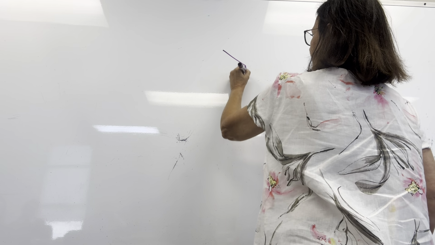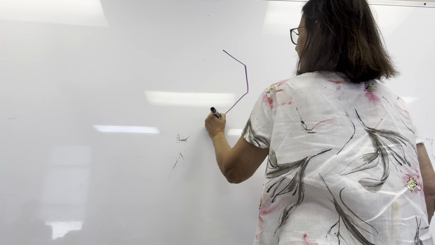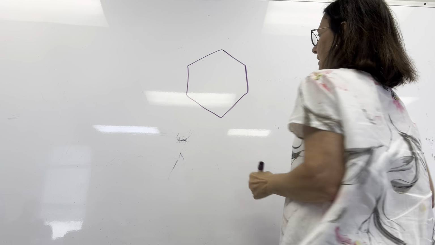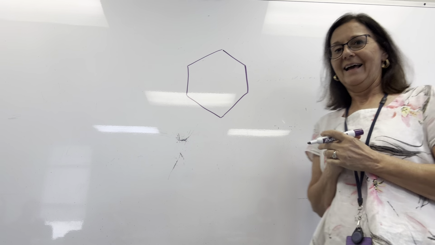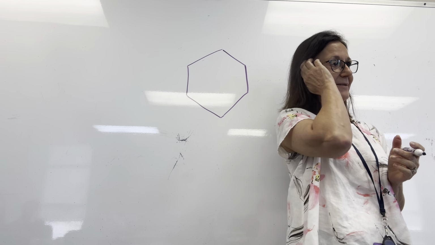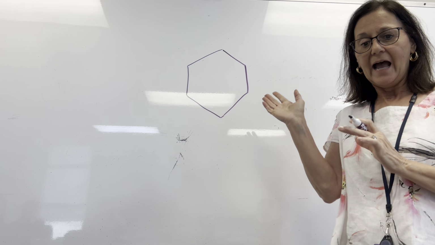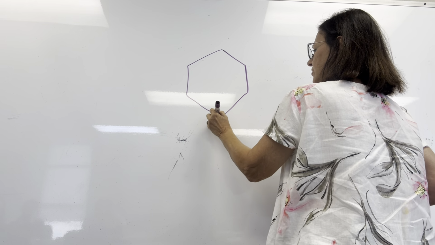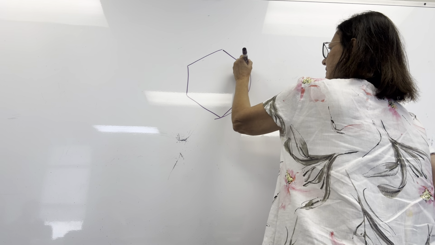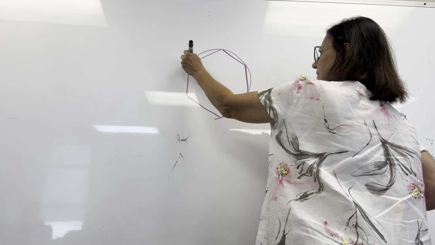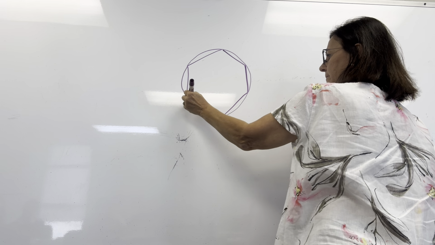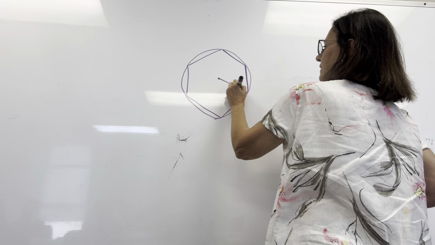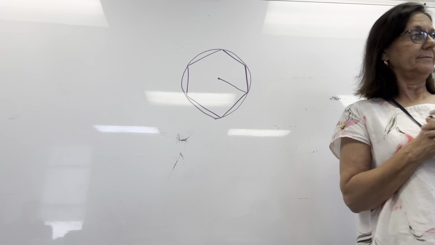So we'll just use the hexagon initially. All right, just pretend. I know it doesn't look very equilateral to me, but pretend that's a regular hexagon. If a circle were circumscribed about it, then that would be called a what?